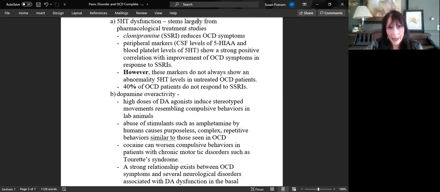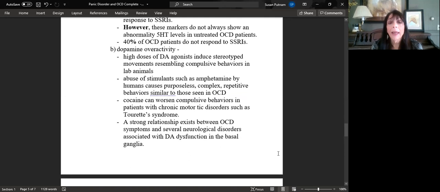Amphetamines incredibly increase the availability of dopamine in multiple ways. We talked about that early on in an earlier lecture. So again, dopamine is implicated. Cocaine, again, a dopamine agonist, big time, can worsen compulsive behaviors in patients with chronic motor tic disorders such as Tourette's syndrome.